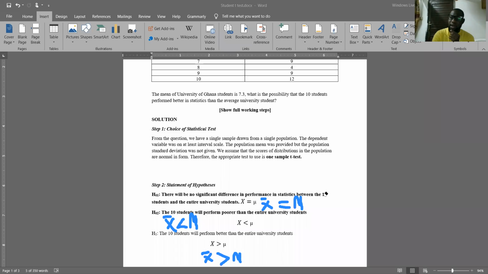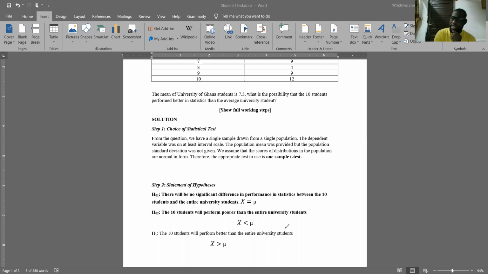But in situations whereby your hypothesis was non-directional, meaning that the question had indicated the possibility that there is a significant difference in performance in statistics between the 10 students and the average university student, then your H1 will be: there will be a significant difference between the 10 students and the average university student.